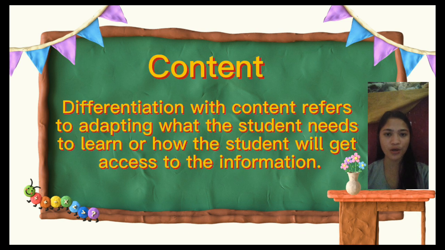Differentiation with content refers to adapting what the students need to learn or how the students will get access to the information. First, teachers need to consider the learning objective of the lesson before tailoring options for students to interact with the content in order to meet those objectives.